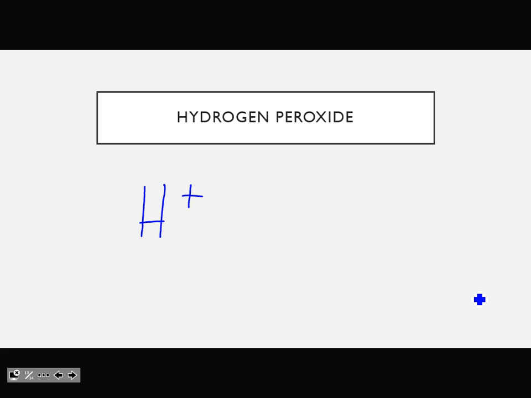Okay. What is peroxide? Is peroxide on your ion sheet? Can you find it? O2, 2 negative.